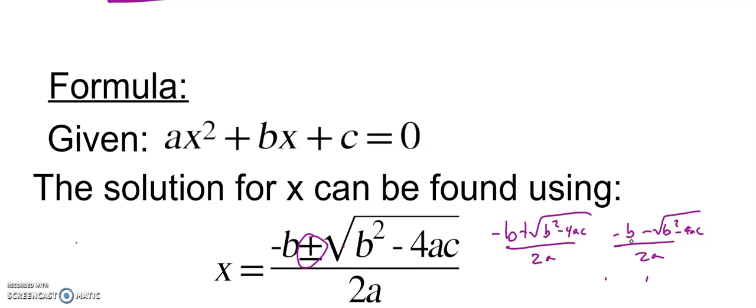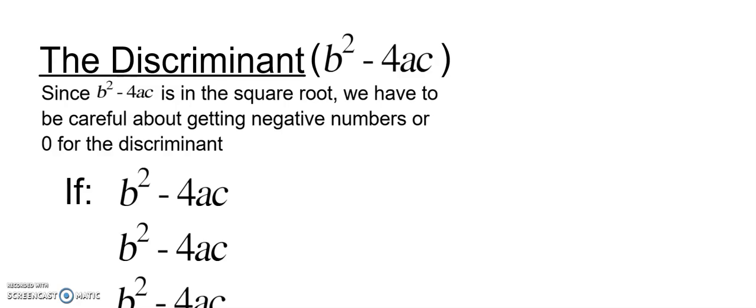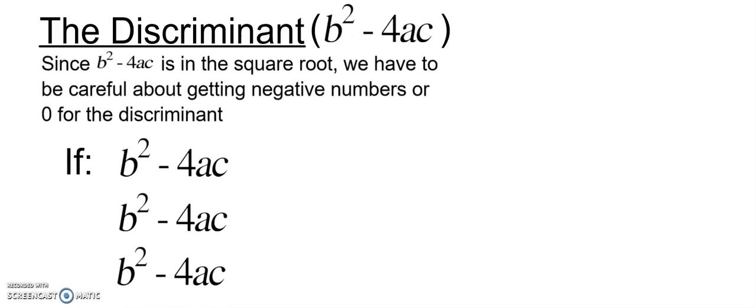Okay, so how do I actually do this? Well, the first thing we want to do is focus in on what's under that square root. Because if I get a negative number in there and I'm looking for real answers, then I know that there aren't going to be any real answers. So let's take a look at this. Now, the discriminant. Folks, the discriminant is the b squared minus 4ac part.